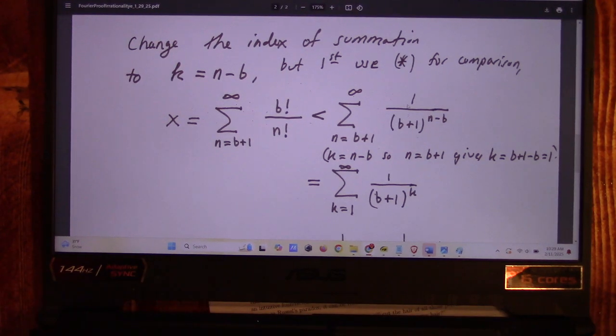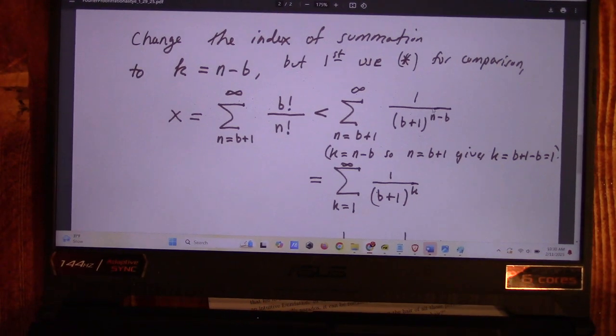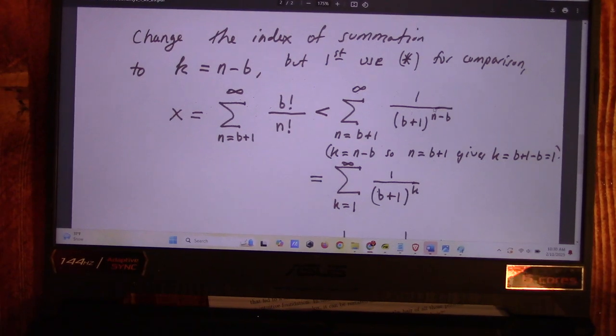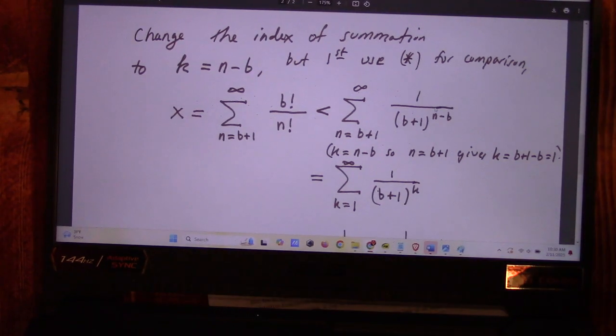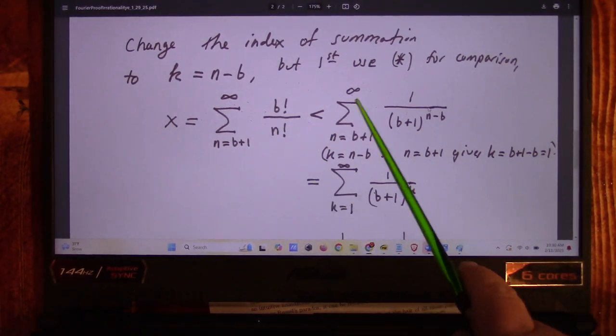Ultimately, the comparison test rests on the thing we're comparing to actually also converging, and the steps below will show that the larger series we're comparing to indeed does converge.